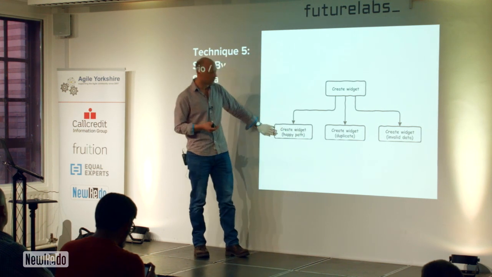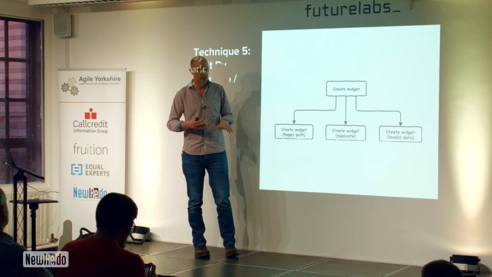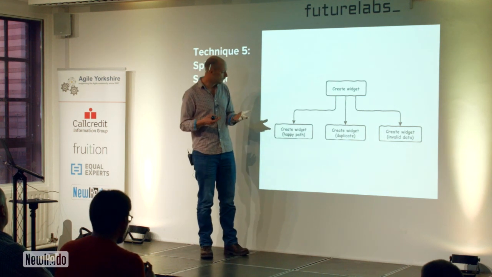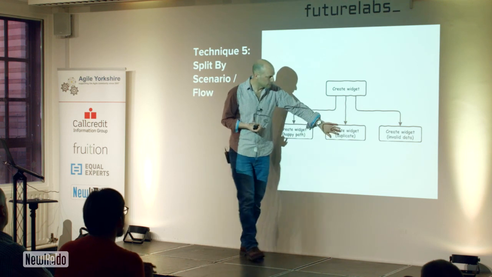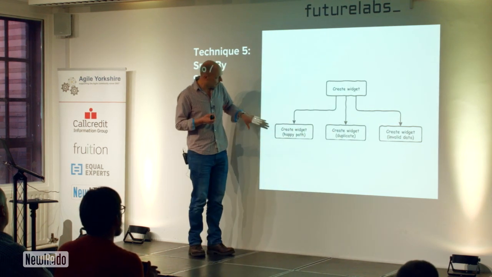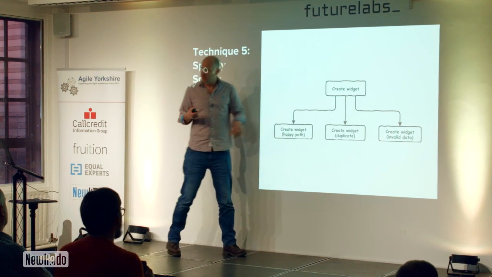I just want something that works for a happy path. If I put good data in, it'll work. If I put bad data in, the result is undefined. But I'm going to come back and do duplicates and invalid data. So I'm focusing in on something that's quicker and easier to build, and I don't have to worry about how we're going to do field validations. Yeah, so that's technique 5.